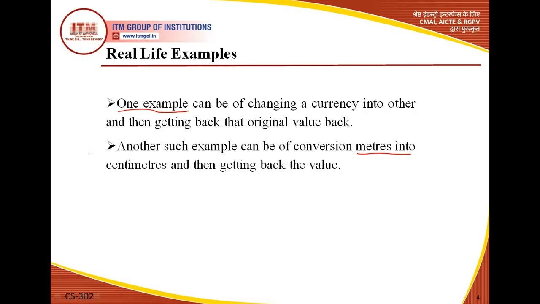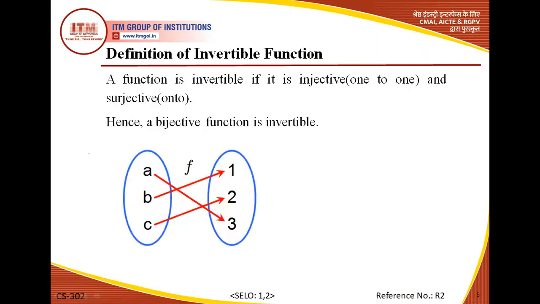Then what you do is convert all the entries in meters to centimeters, and after getting the answer, you go back to meters, because you obviously want the answer to be in meters. Okay, so that's also an inversion process. I hope the real life examples of the inverse of a function are pretty much clear by this. Now let's come to the real definition of an invertible function.